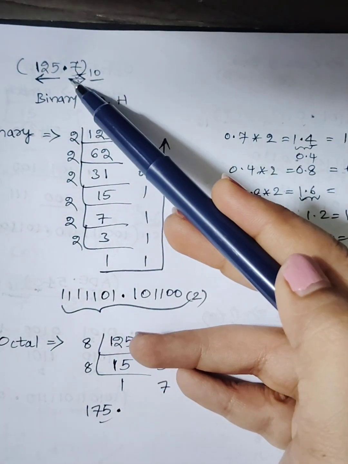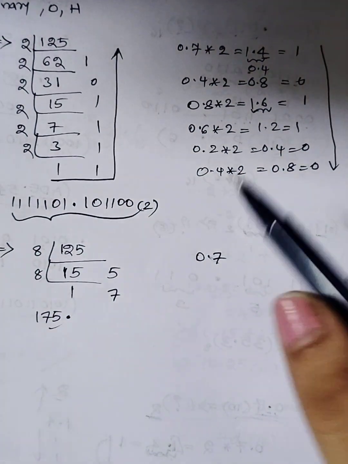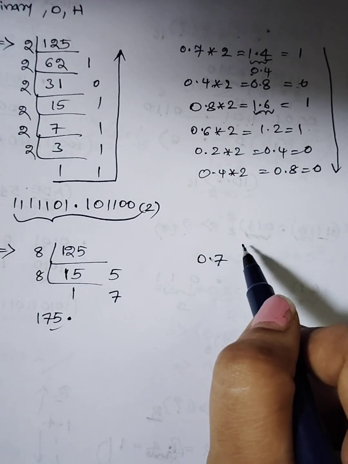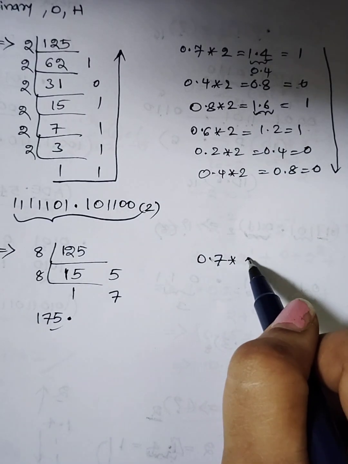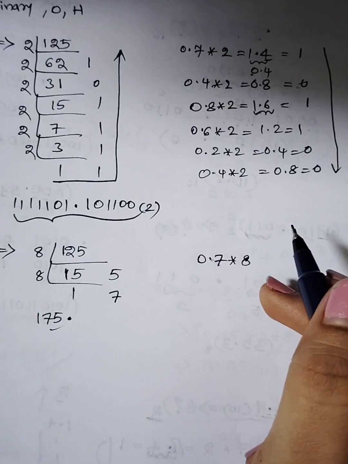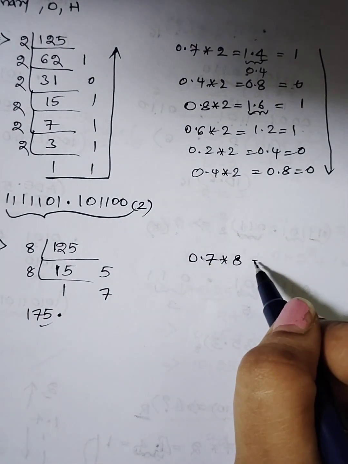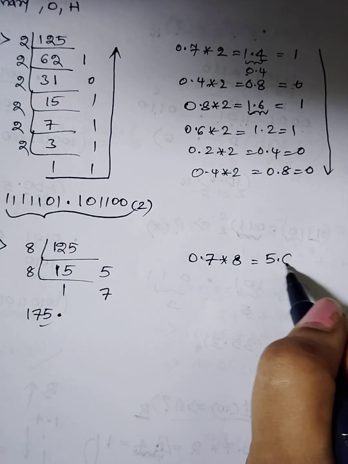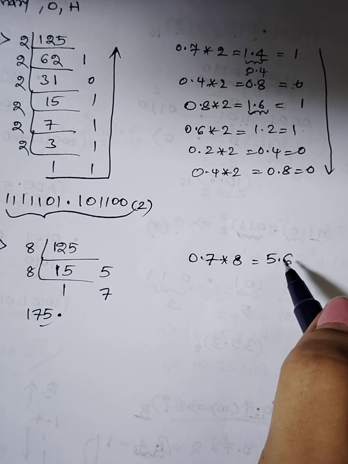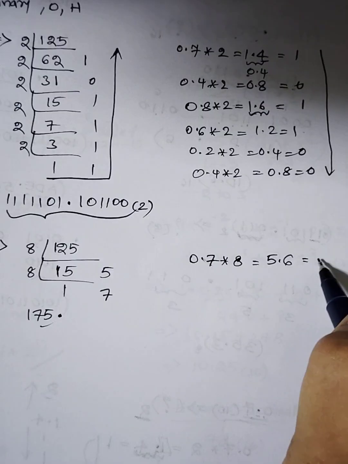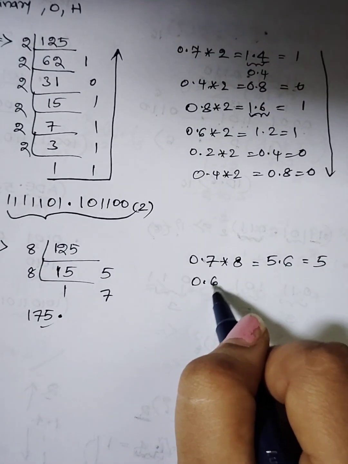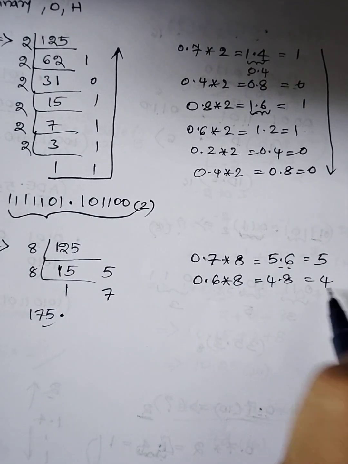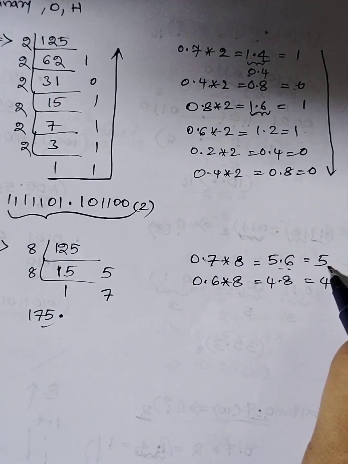You need to also consider this 0.7 value. It will be 0.7 into 8, because we are converting to octal and we need to use the number 8. If you do like this, it will be 5.6, and your floor value will be 5, and you need to consider 0.6 for the next multiplication. It will be 4.8. Floor value will be 4.